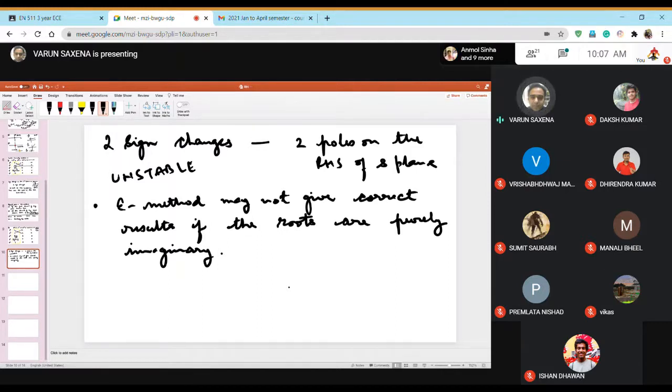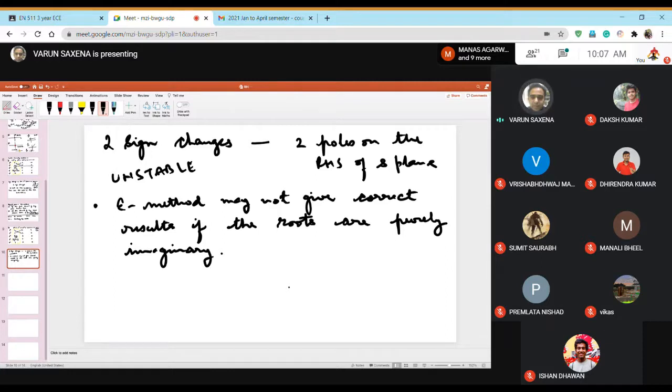But yes, your point is, if we do not know where the roots are, why are you saying that this will not work? When this does not work, suppose you already have a system that you know is unstable, but you apply the Routh-Hurwitz criteria and it tells you that the system is stable.